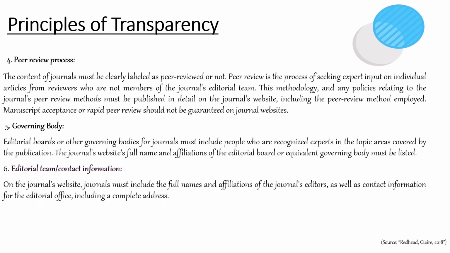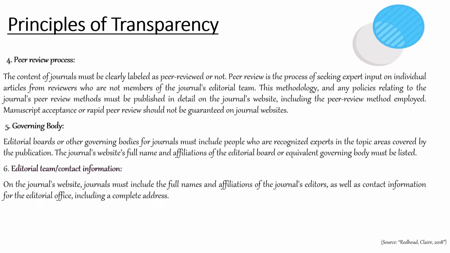This methodology and any policies relating to the journal's peer review method must be published in detail on the journal's website, including the peer review method employed. Manuscript acceptance or rapid peer review should not be guaranteed on the journal's website.